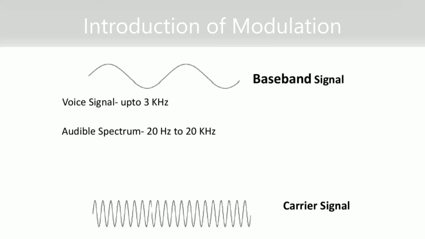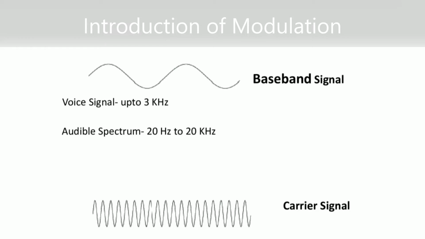The low frequency or message signal is known as the baseband signal, and if we want to transmit the baseband signal to a far distance, then there are some challenges.